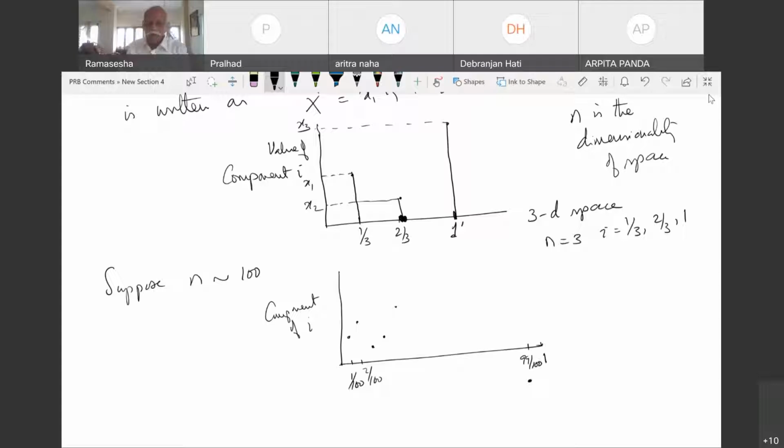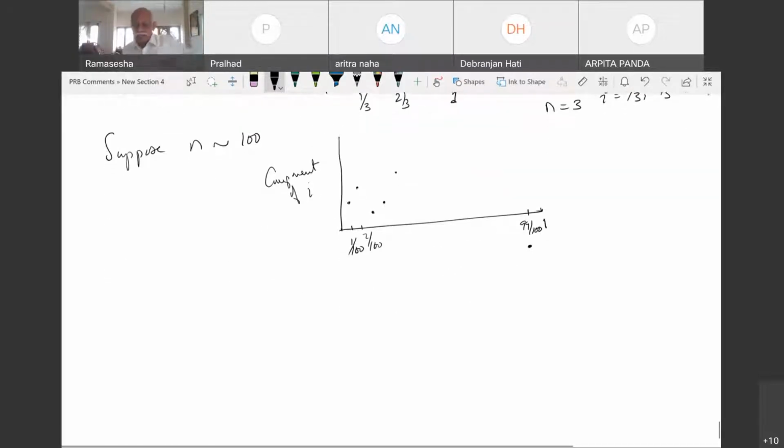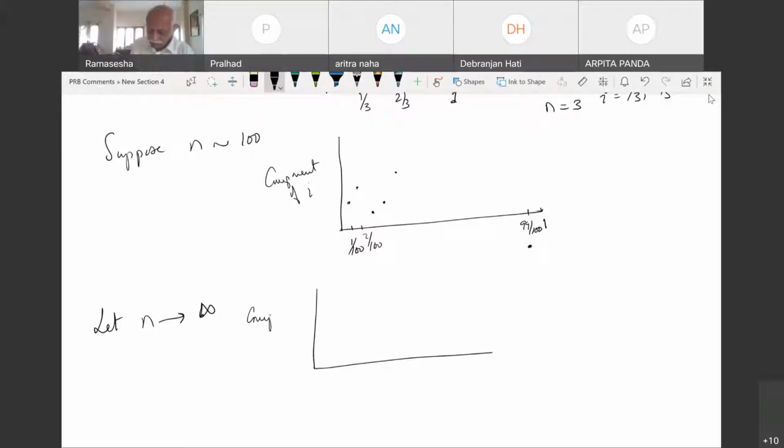Okay, so supposing I make n tend to infinity, then you will see that component versus I, with x equal to I by n, let me call it, will now have very, very close points.